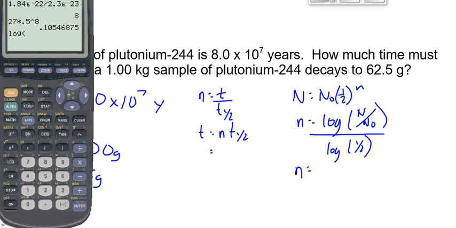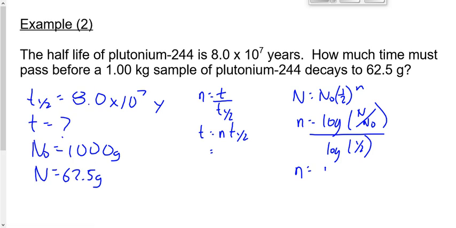N was 62.5 over 1,000, n over n0. Divide that by log 0.5 gives me 4. 4 half-lives have gone by. 4 times the half-life of 8 times 10 to the 7 gives me 3.2 times 10 to the 8 years.